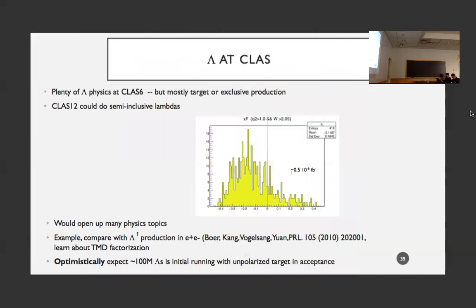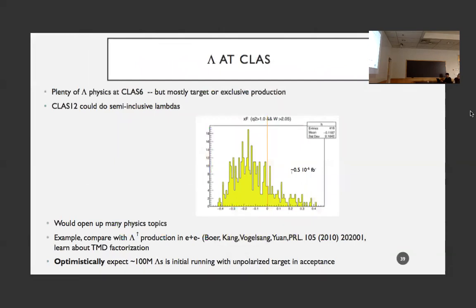Yeah, so the echo is saying lambdas at CLAS is difficult, it's a plan. We had lambda physics at CLAS6, but mostly targeting exclusive production. CLAS12, if you just look at, sorry, two more slides, look at the semi-inclusive lambdas and you want to be in the current fragmentation region. So this is the xF distribution just for Monte Carlo, and it's a tiny bit of statistics, maybe from a day.